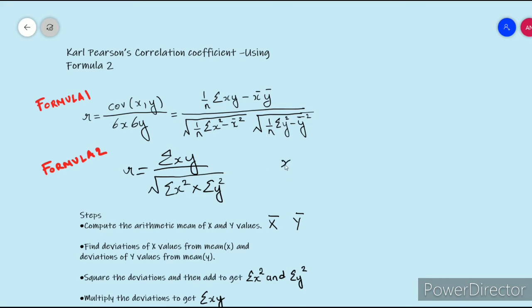Now here, x represents the deviations from the mean of x values, and y is the deviation from the mean values of y. Okay, so this is another formula of computing Karl Pearson's correlation coefficient.